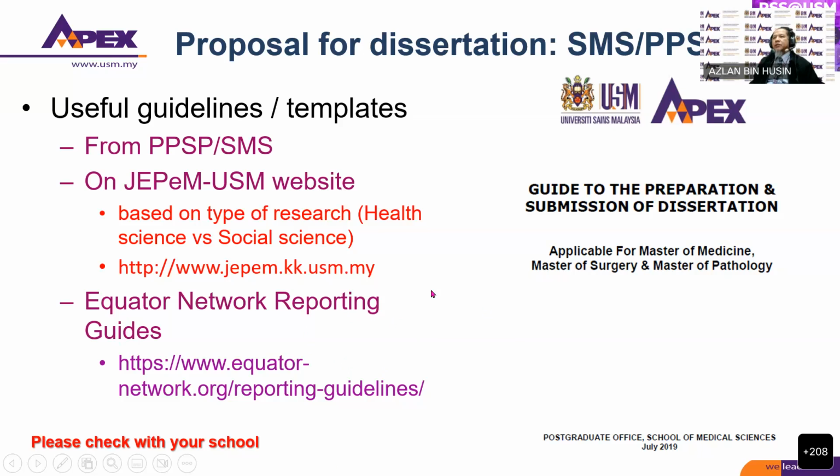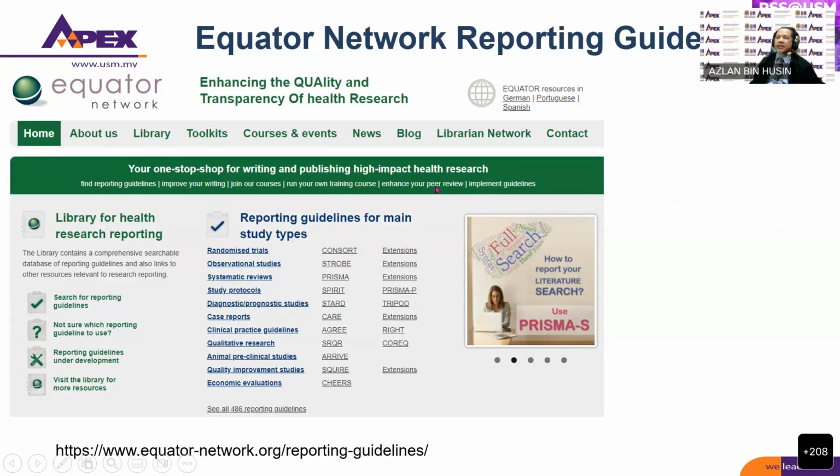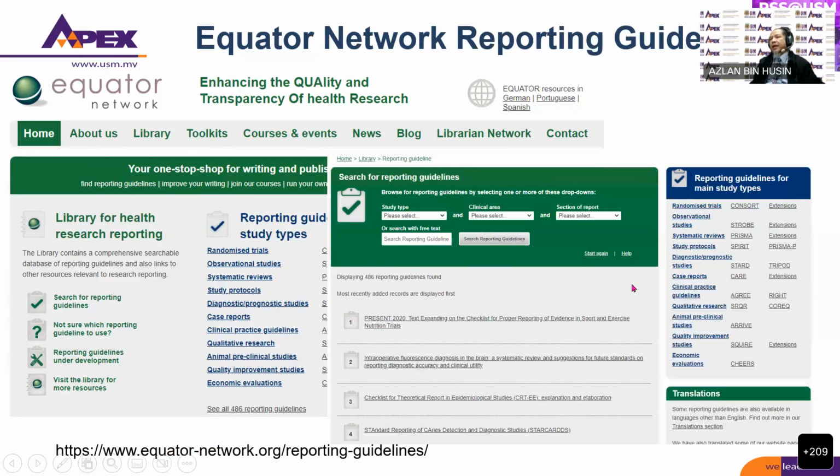Although it is actually a reporting guide, you can use the components and the format of it, whether the research is a randomized trial, an observational study, or even a systematic review, as part of your process in proposal preparation. So it is good to have this idea from the beginning of proposal preparation.